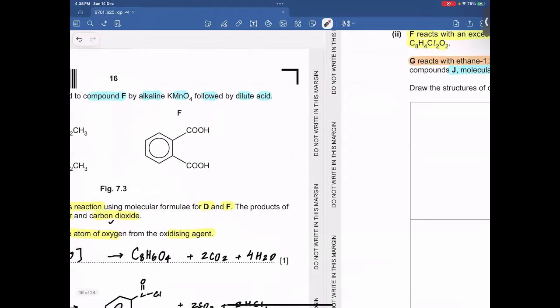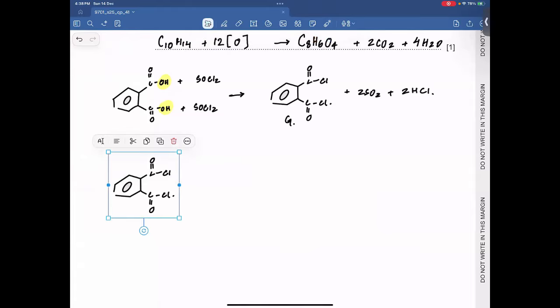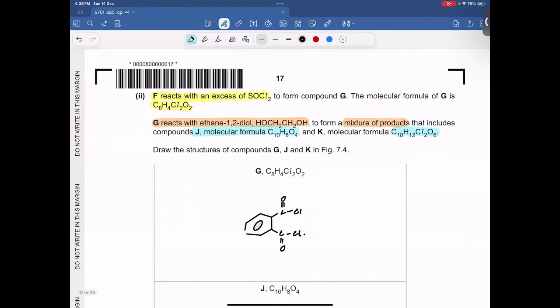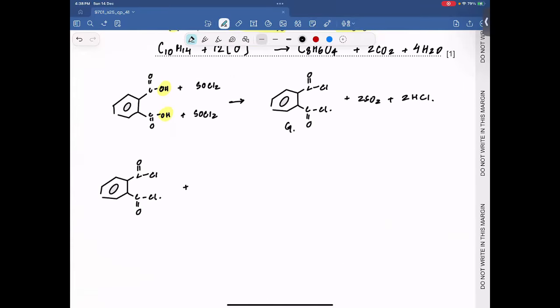So let me write down G. That's the G. It is reacting with ethane-1,2-diol.